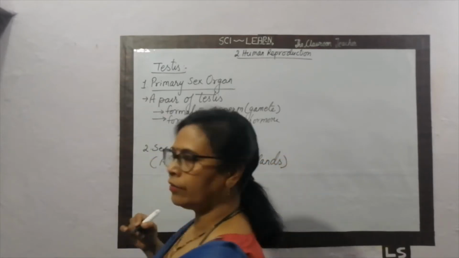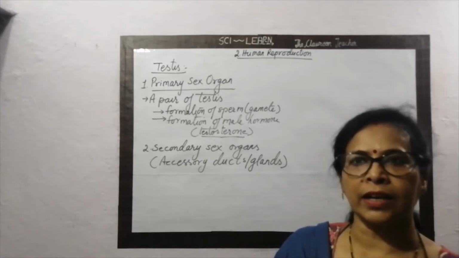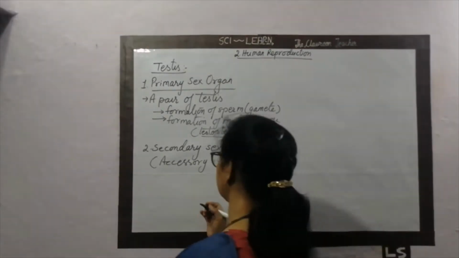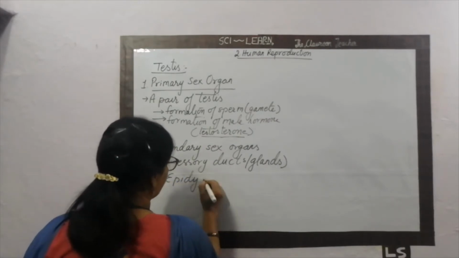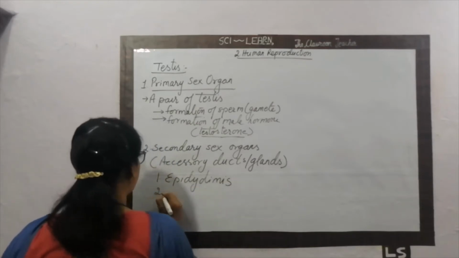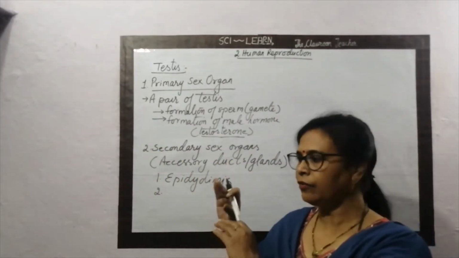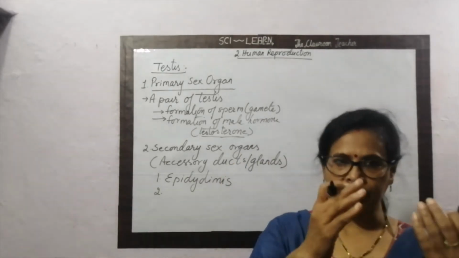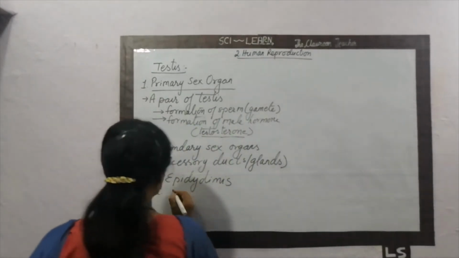Whatever represents the secondary sex organ: first is the epididymis. We are going to study it further when we go into the detail of the testis. Second is the seminal vesicle.